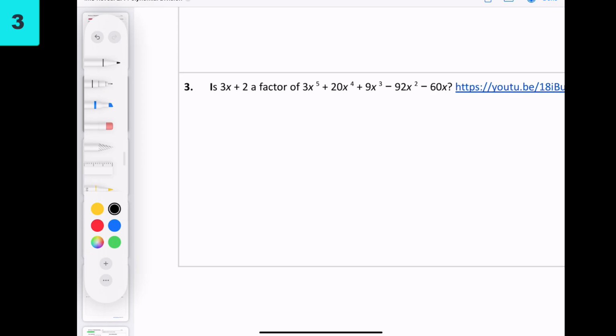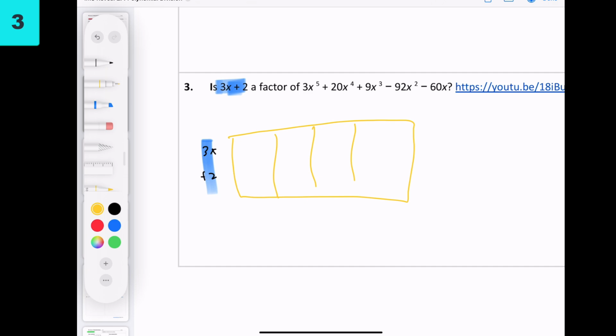All right, let's try this question now. 3x plus 2 is going to go on the left side. Okay, that first term, 3x to the 5th, is going to go here.